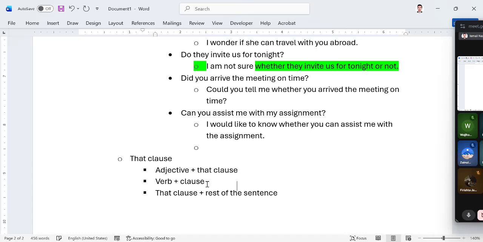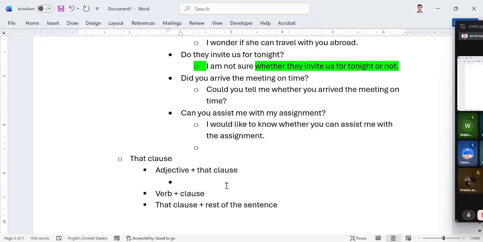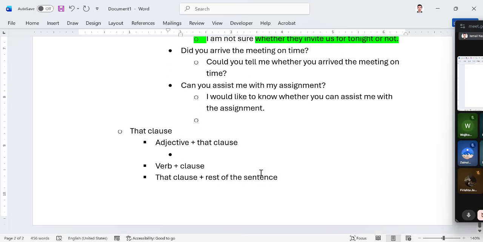If I have it after the adjective, I might say it is necessary, or it is essential that everyone prepares for the test in advance. So here we have essential.